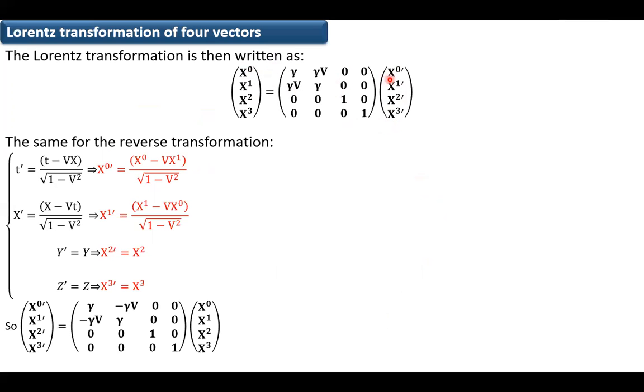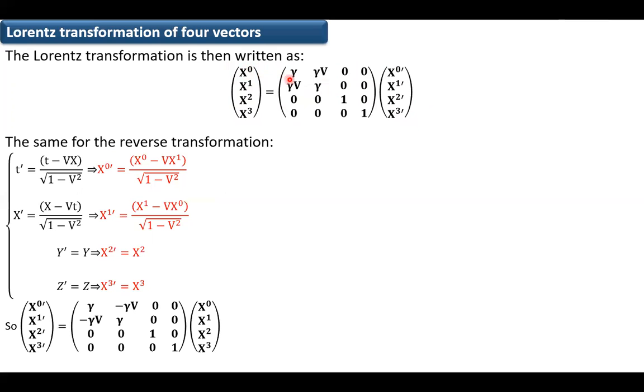So you can put the 4 equations of the Lorentz transformation into this set of matrices. It's the matrix x0, x1, x2, x3, which is equal to the Lorentz matrix times x0 prime, x1 prime, x2 prime, x3 prime.